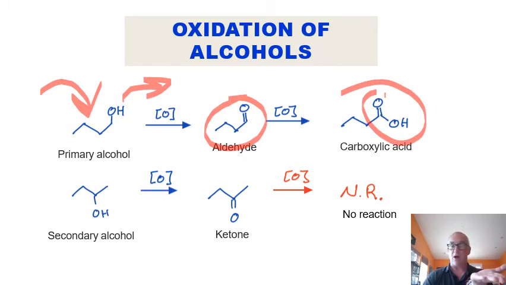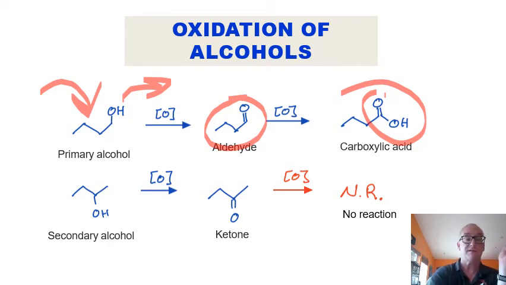So we go from an alcohol first at the end, and then we form an aldehyde by removing the hydrogen from the oxygen and forming a double bond. And then we oxidize it even more by removing that hydrogen and replacing it with a hydroxyl group and make a carboxylic acid.